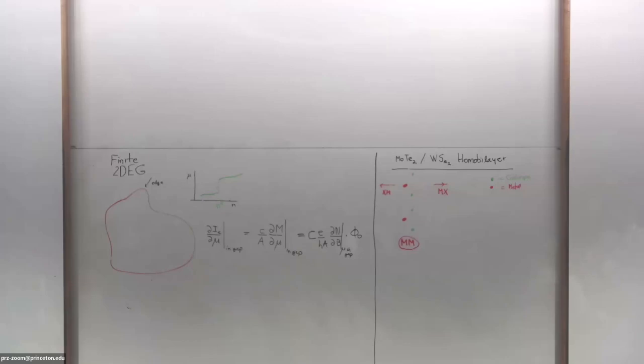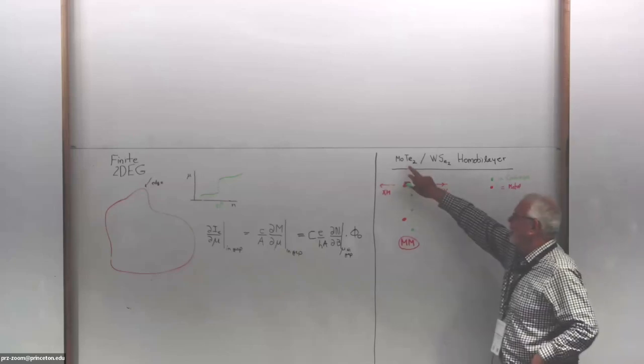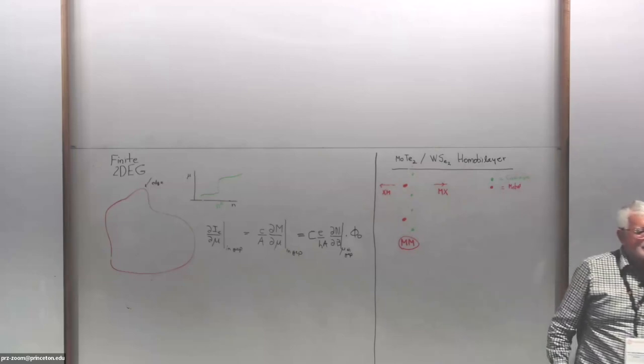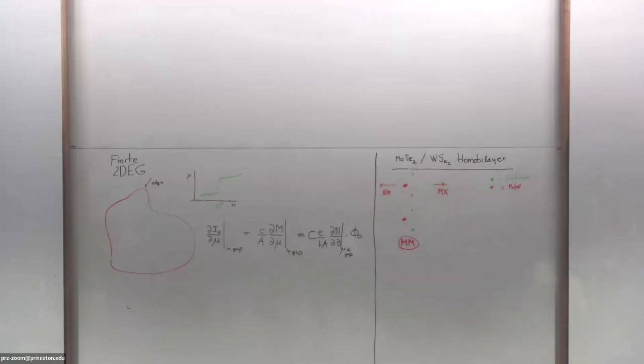In the bulk version of all these materials, the top of the valence band is at the gamma point. And this already happens in bilayers in three of the five cases. So these are the two cases out of the five where in a bilayer, the top of the valence band is at the K point that we were talking about this morning. That's what makes these two materials special.